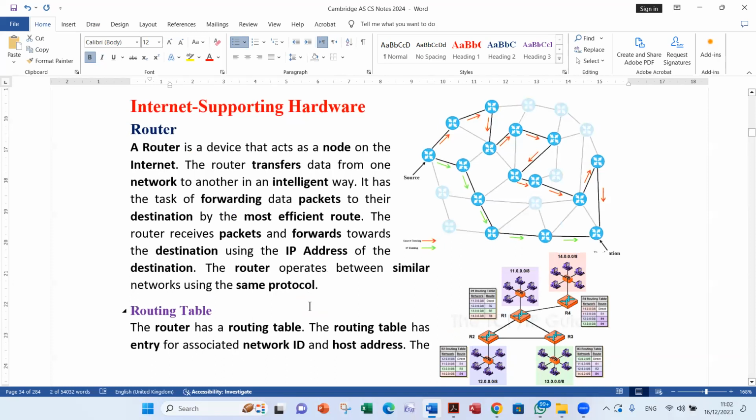About networking hardware, we have a router. A router is typically used with larger networks. Let us say with wide area networks. Let us be more specific. Routers are used with the internet because the internet is a wide area network.